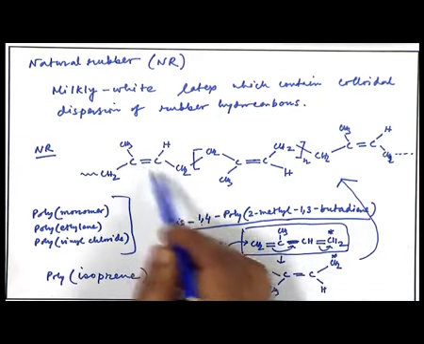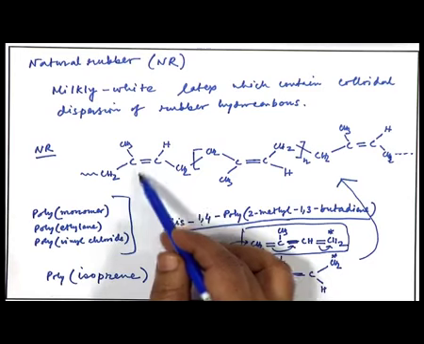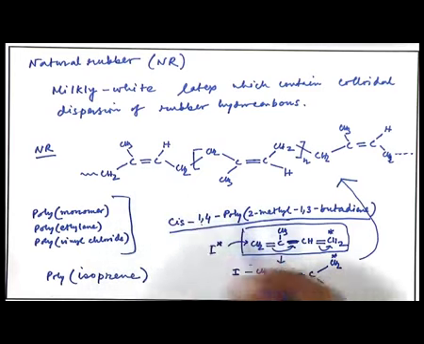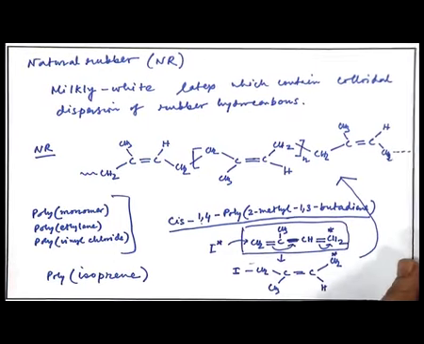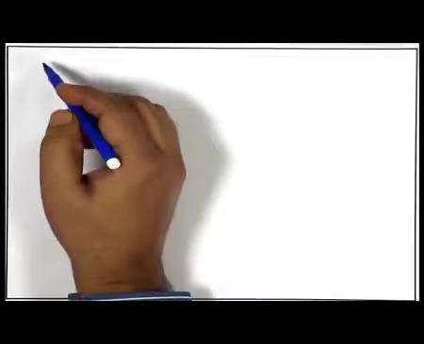And these double bonds also help us in further chemical reactions on the double bonds, which is what the vulcanization step is used to do. So, we will now learn what vulcanization is.